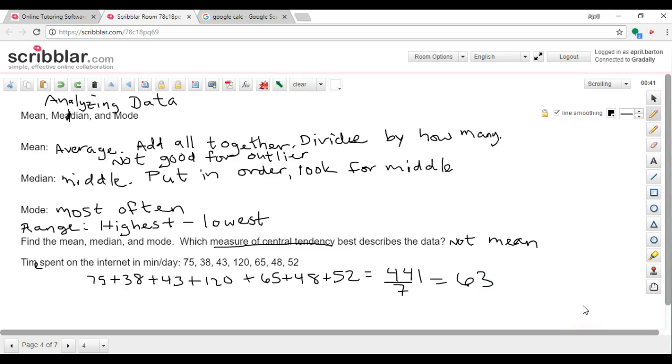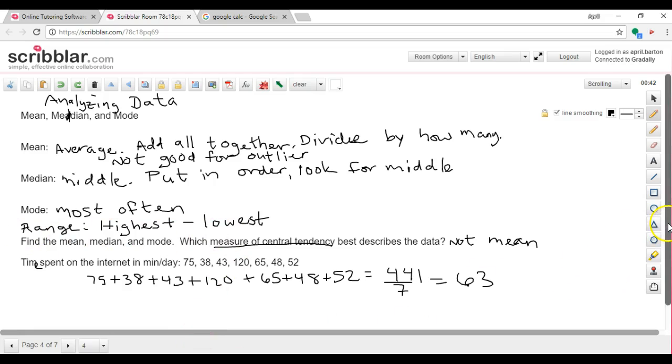So the mean, or average, of this data is 63. Your grade in a class is usually calculated by finding the mean: what you get on each assignment, added together, divided by how many assignments there are. This is used a lot calculating grades.